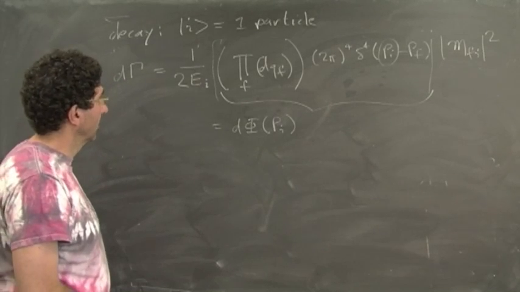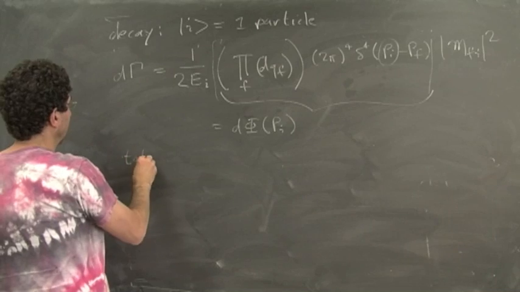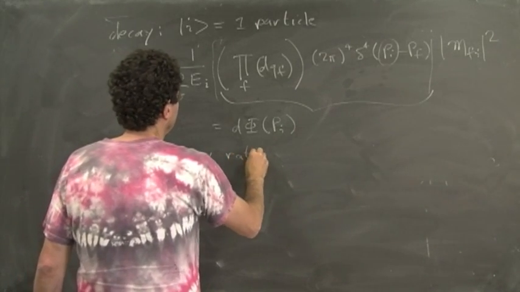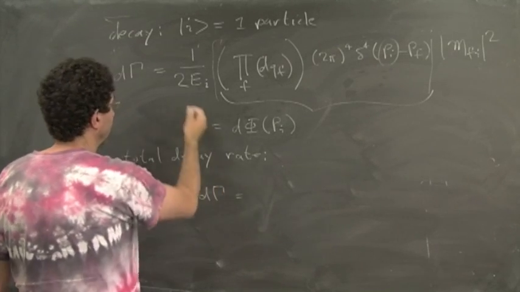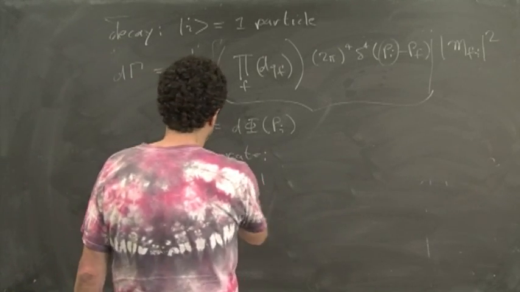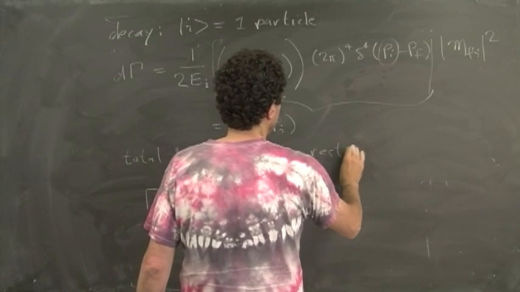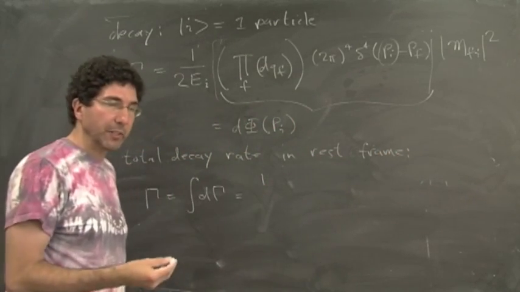And so we can look at, for example, the total decay rate. It is just going to be the integral of the differential decay rate, and let's take the total decay rate in the rest frame of the particle. So that's a Lorentz invariant quantity.